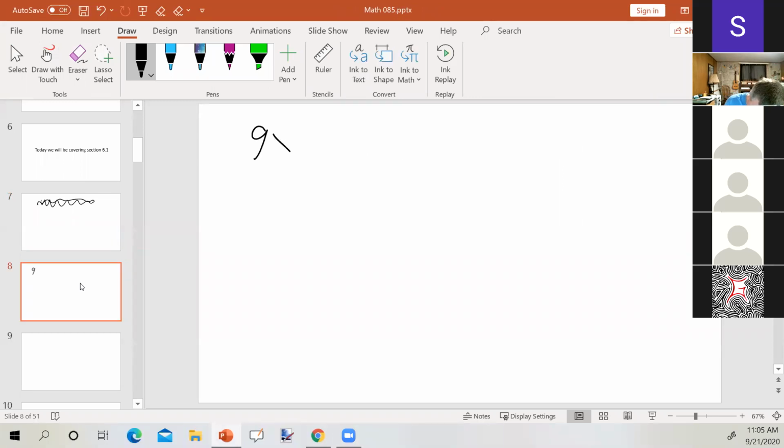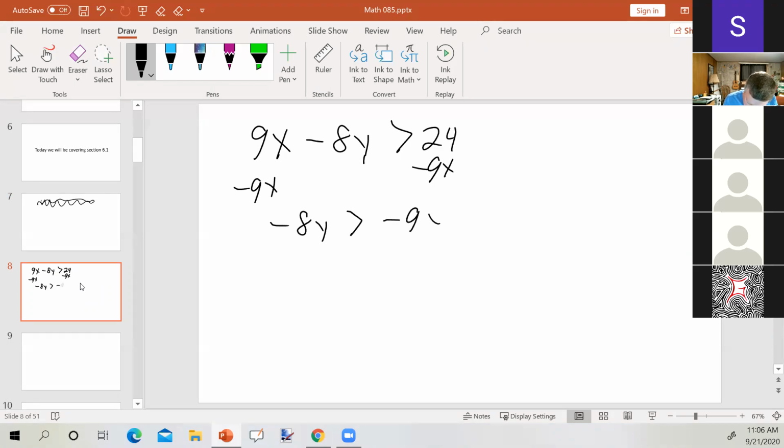So we're going to take 9x minus 8y greater than 24. Okay? And we're going to put this thing in slope-intercept form. So I'm going to subtract 9x from both sides of the inequality. Then I'm going to divide each term by -8. So I get y.